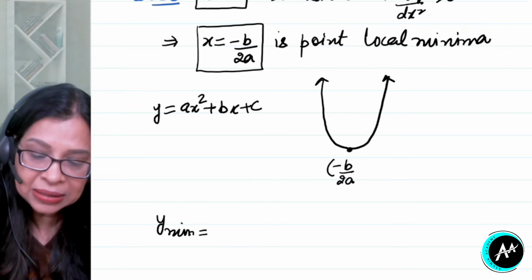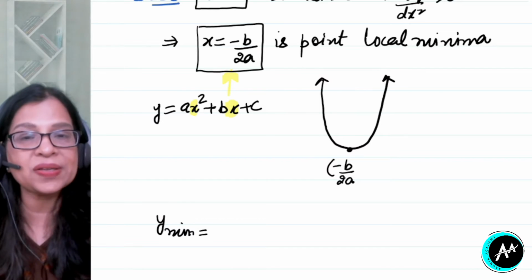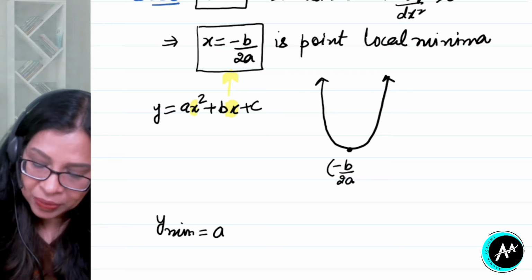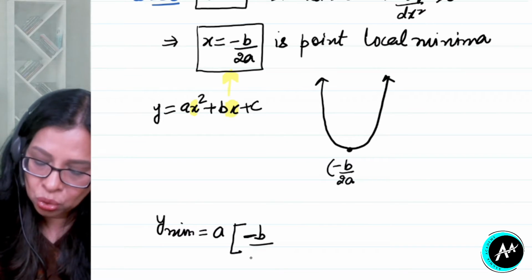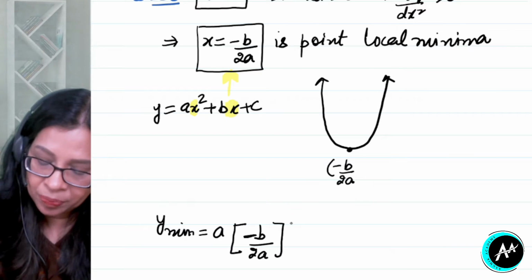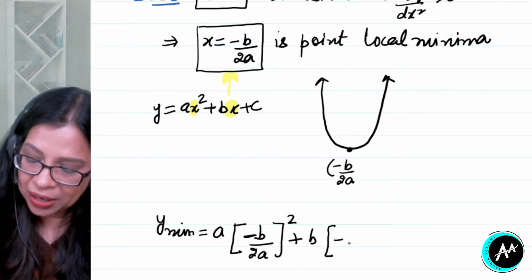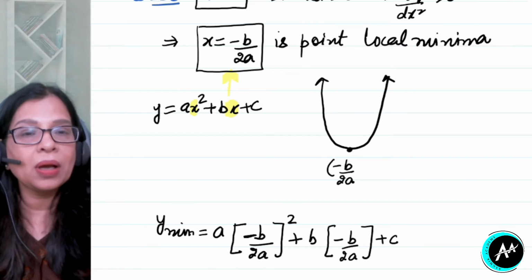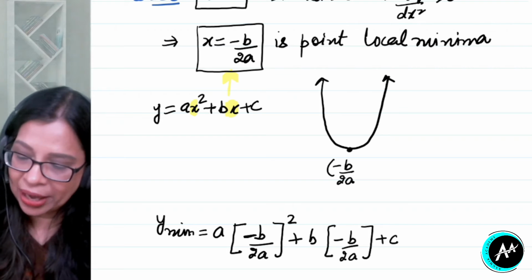We put the value of x, minus b upon 2a, in this quadratic expression: a into minus b upon 2a whole square, plus b into minus b upon 2a, plus the constant c. So at x equal to minus b by 2a, we want to see the value of y.